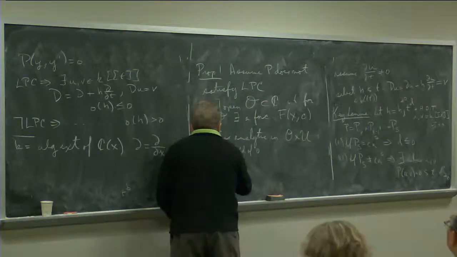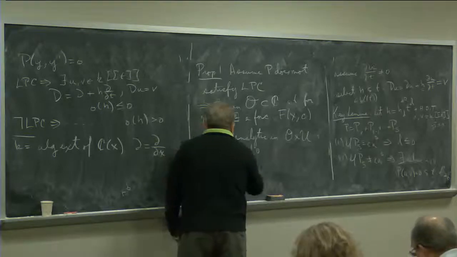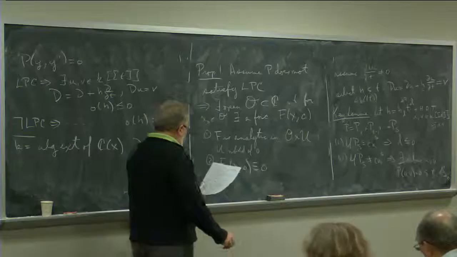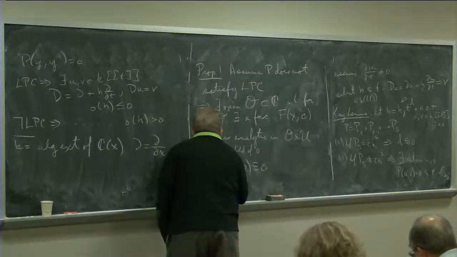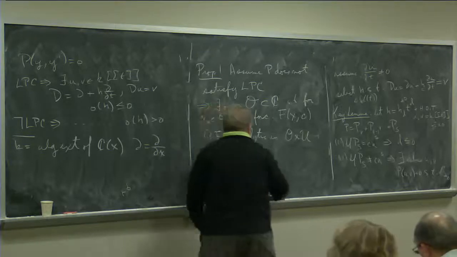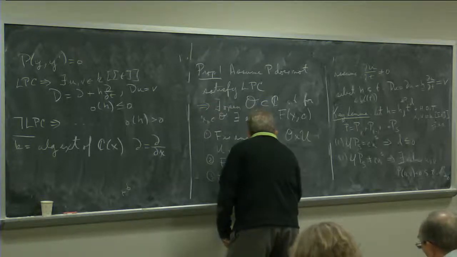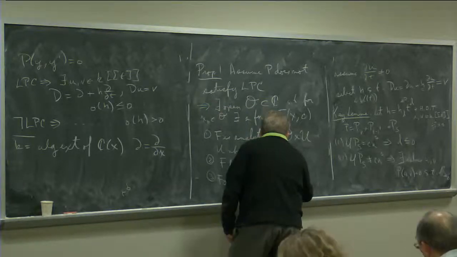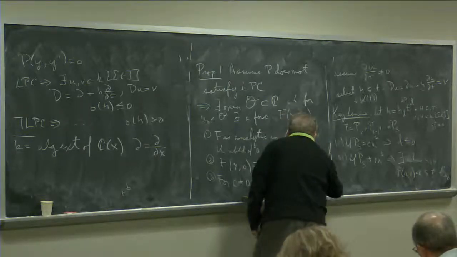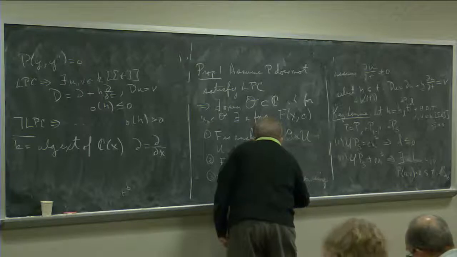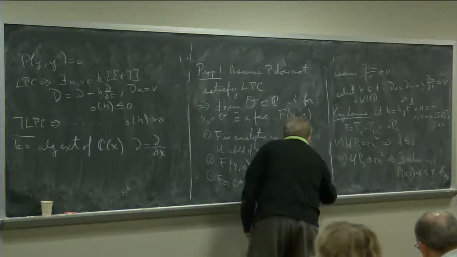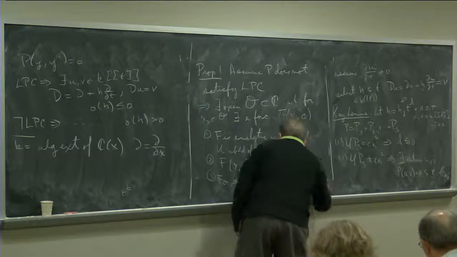2, f of x0 is identically 0. And 3, for c not equal to 0, f of x, c is a non-singular solution of p of y prime equals 0.